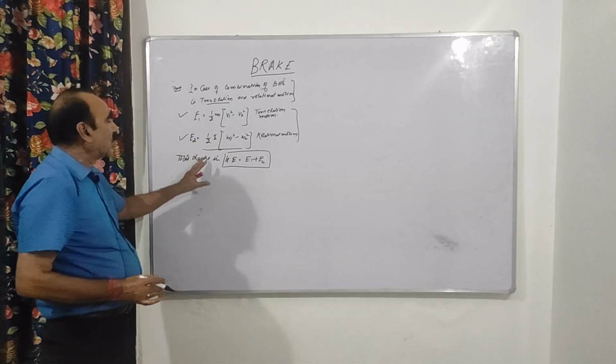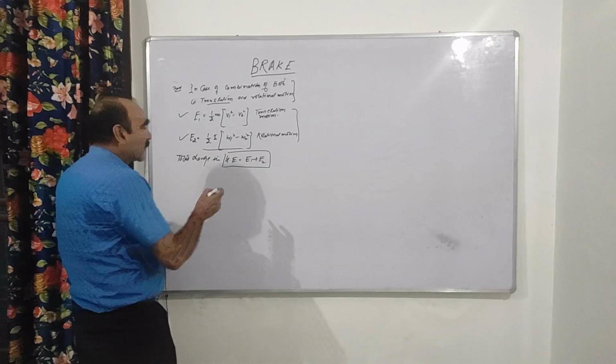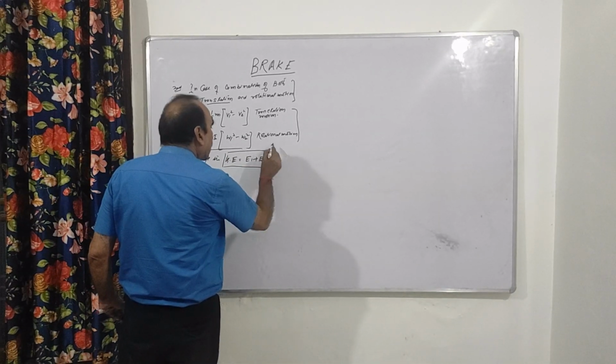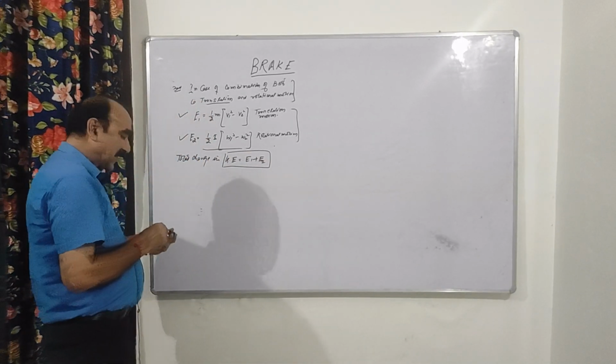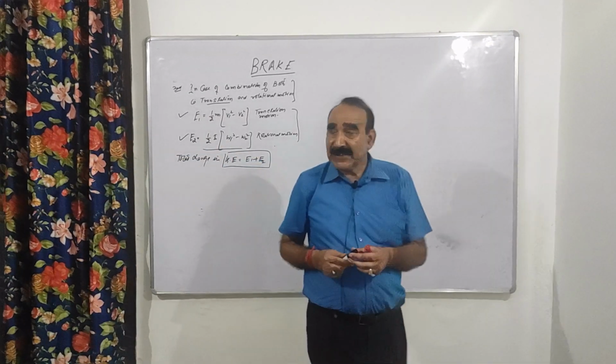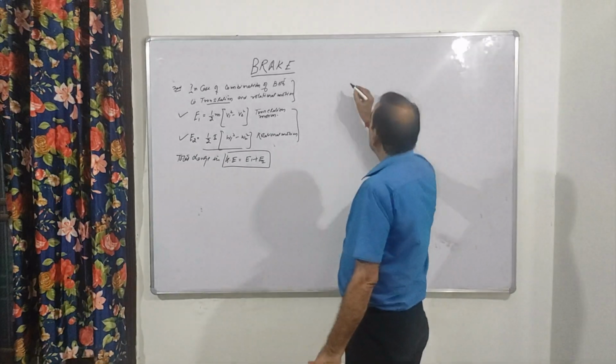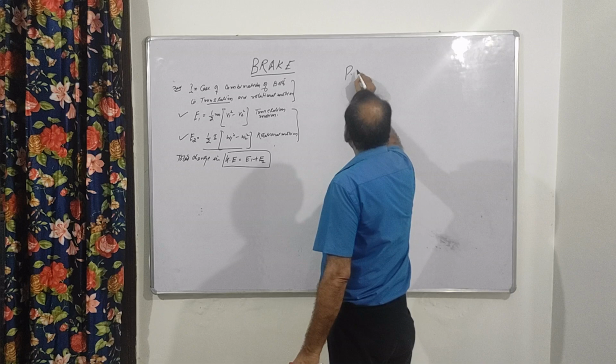In this case, the total kinetic energy change is equal to E1 plus E2, right? So you understand this. This is all about kinetic energy. Now, the next condition I will take is when the body has potential energy.